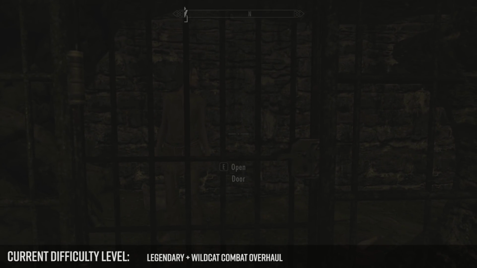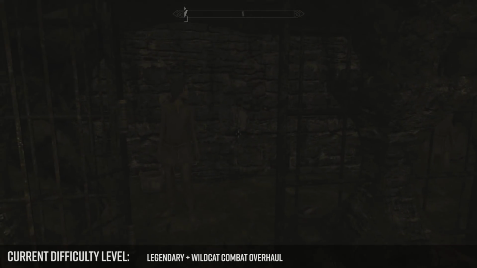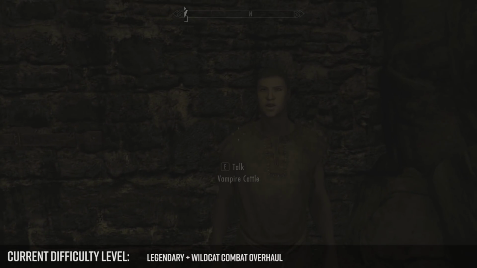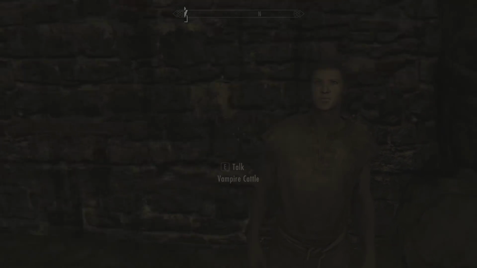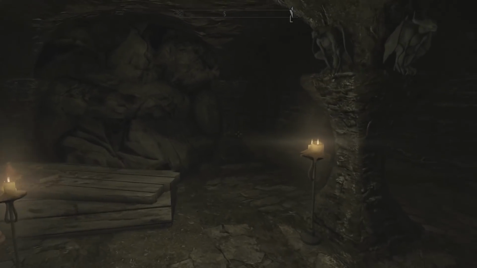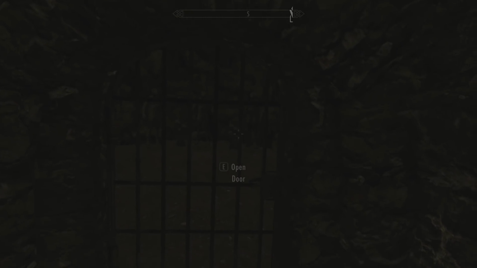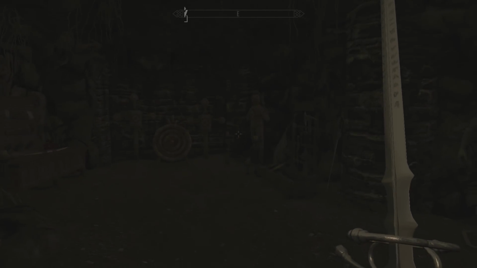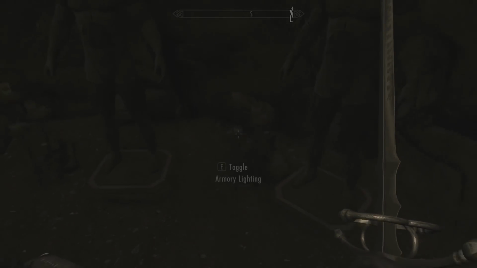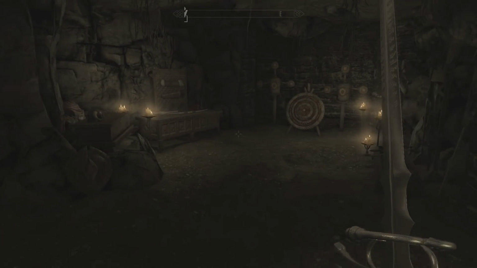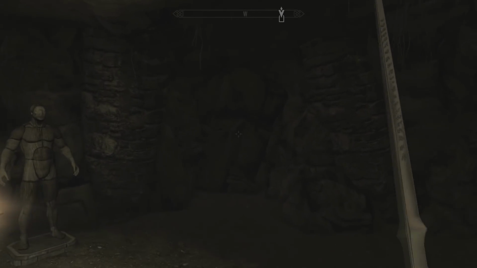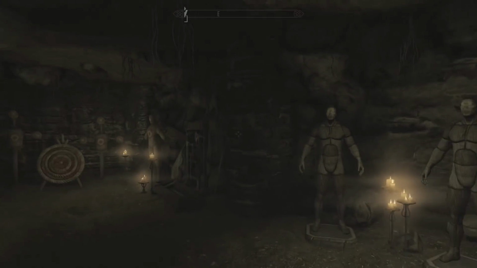Prisoners. That looks like a secret door.